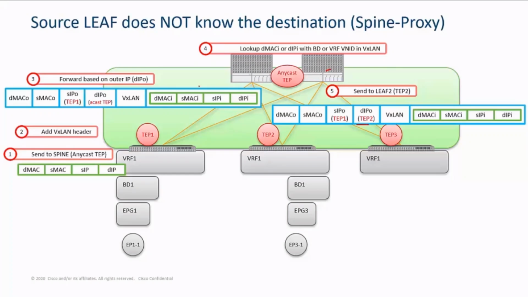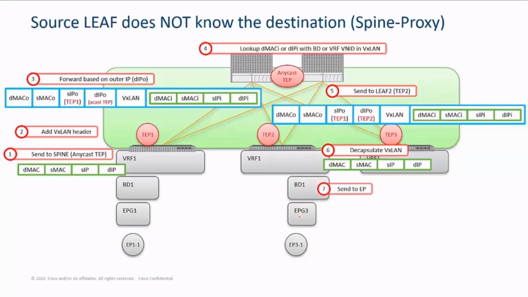So when spine 2 received the encapsulated frame, originally it was destined to its Anycast IP. But since the endpoint resides behind leaf 2, the spine sends it destined to leaf 2's TEP IP. And we route it. Leaf 2 gets the encapsulated frame. We'll decap it. It will look at the destination MAC address and then send that traffic down to endpoint 3.1.